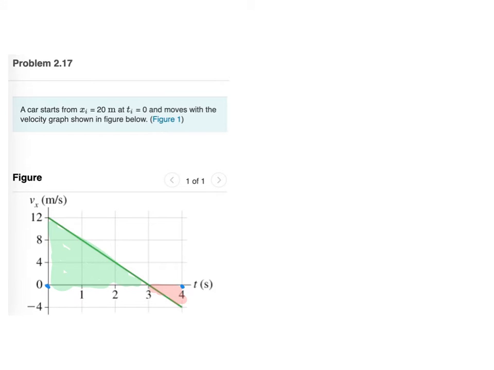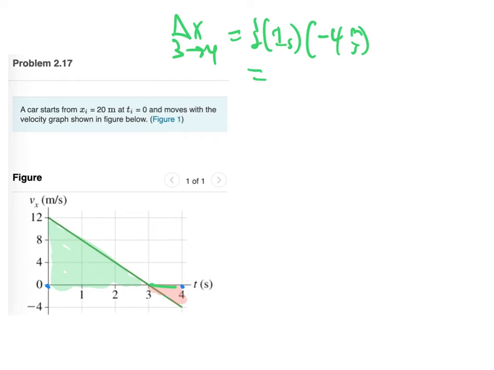Clever way number 1 is to say that delta x from 3 to 4, so just this bunch, is going to be 1/2 times 1 second times a height of minus 4 meters per second. So that becomes minus 2 meters.